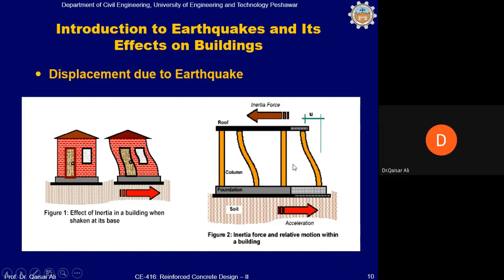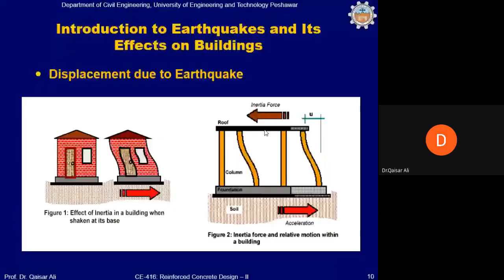If you look at this picture, there are many concepts which can be explained through this simple picture. The roof moves laterally, so the possibility of inducing stresses within the slab is negligible, because mostly the roofs are very rigid, and when rigid bodies move in the same plane, then stresses cannot be induced.